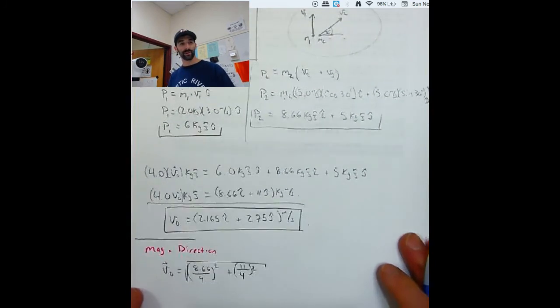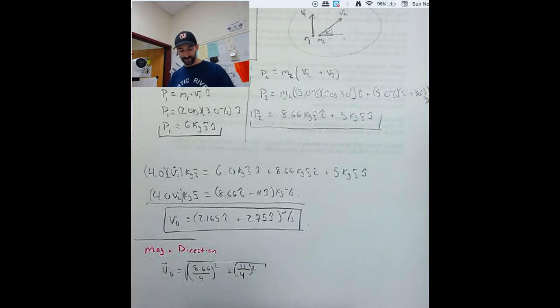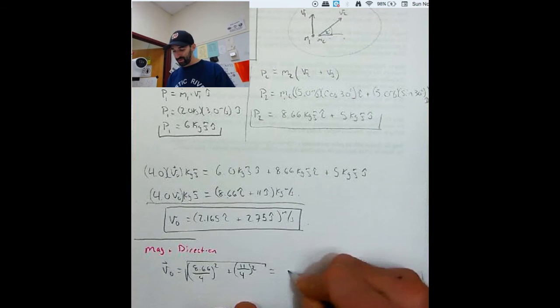Let's see, the square root of 8.66 over 4 to the second, plus 11 over 4 squared: 3.49996. So that's going to be about 3.5 meters per second.